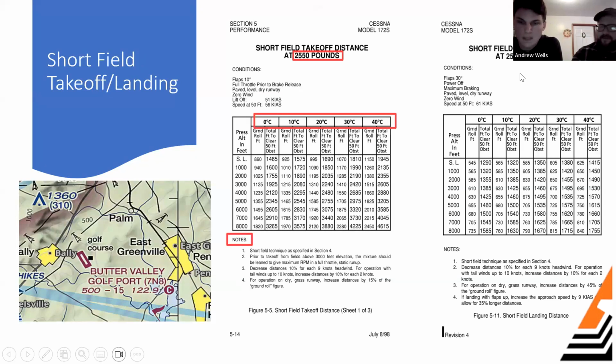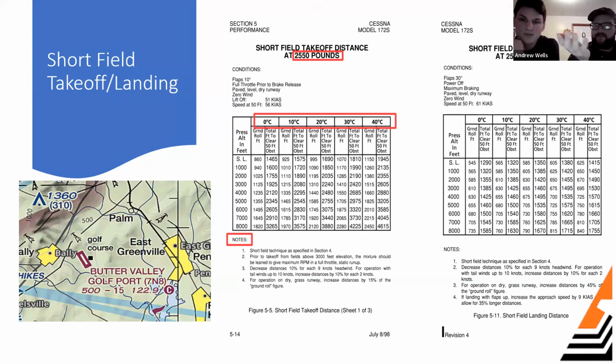As far as how far the plane can land, the pilot's operating handbook, the POH, in section 5, has all these charts. You can see on a very cold day, your rollout distance in a Seven could be 545 feet. Would we be able to do that? This is an exact test pilot, so I know I can't put it down in 545 feet, but these are in ideal conditions, so maybe add a little buffer.